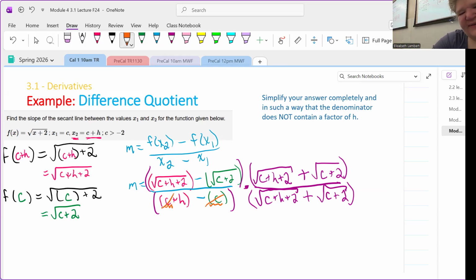So on the bottom, we just have that h times this crazy mess. On the bottom, don't distribute through. Our goal is to get that h to cancel. So the bottom, we're just going to write those two guys side by side.